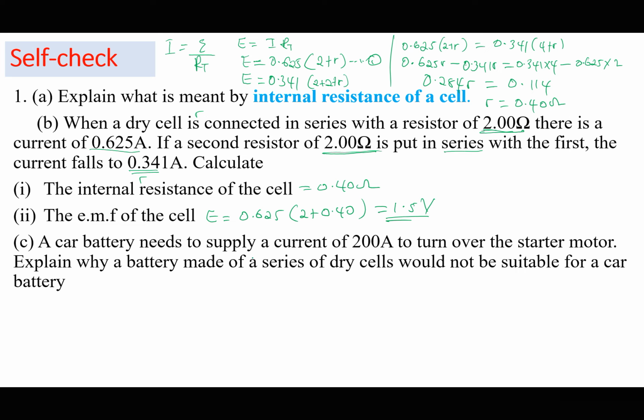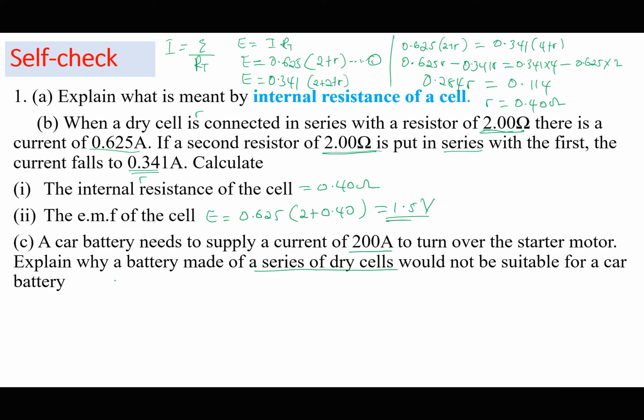Then, a car battery needs to supply a current of 200 amperes to turn over the starter motor. Explain why a battery made of a series of dry cells would not be suitable for a car battery. So a series of dry cells implies that the internal resistance is bigger, and if the current is 200 amperes, it means there will be a large PD across the internal resistance of the cells, which reduces the PD across the starter motor, so it will not be good enough.